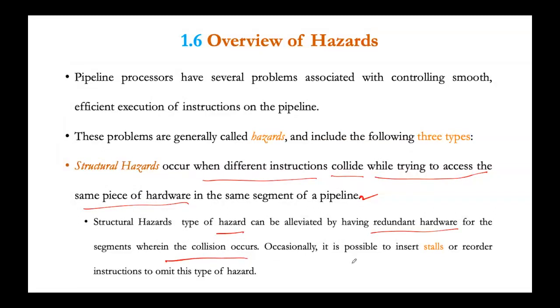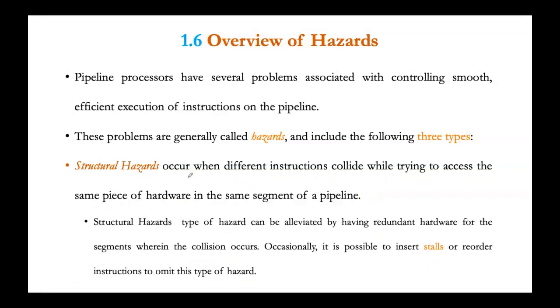Occasionally it is possible to insert stalls, or bubbles, or reorder the instructions to omit this type of hardware dependency.